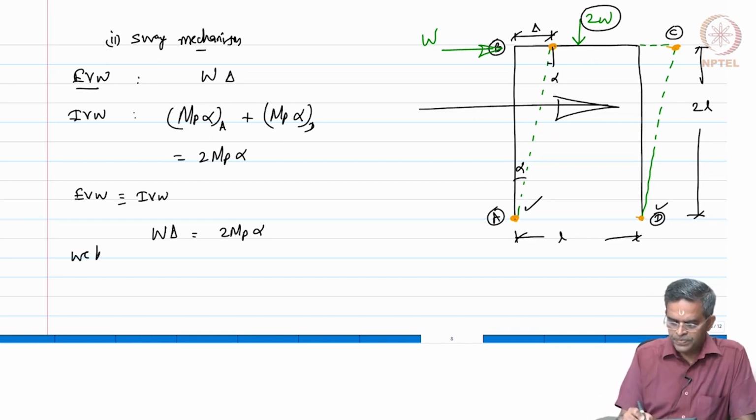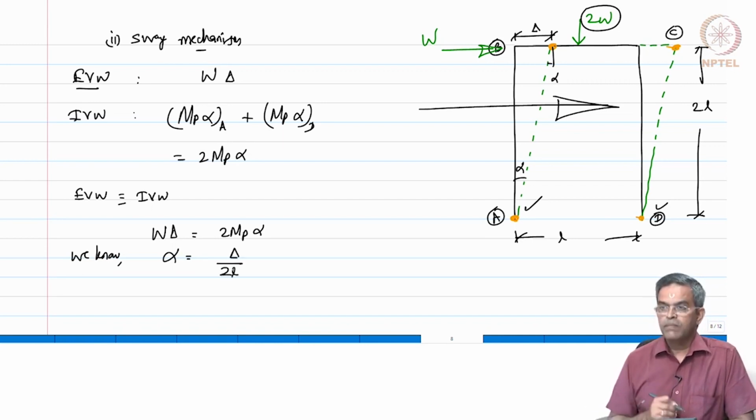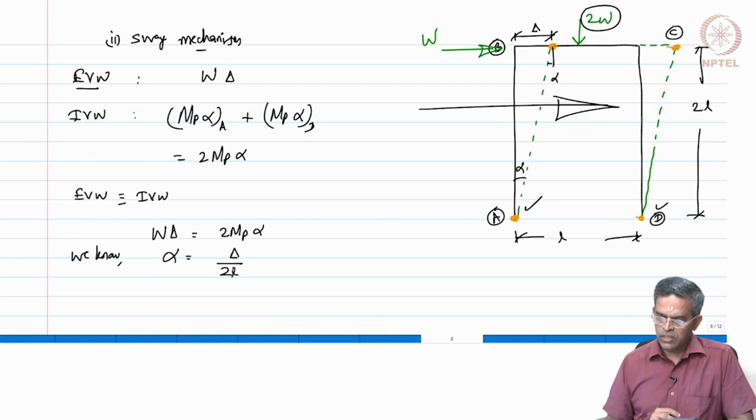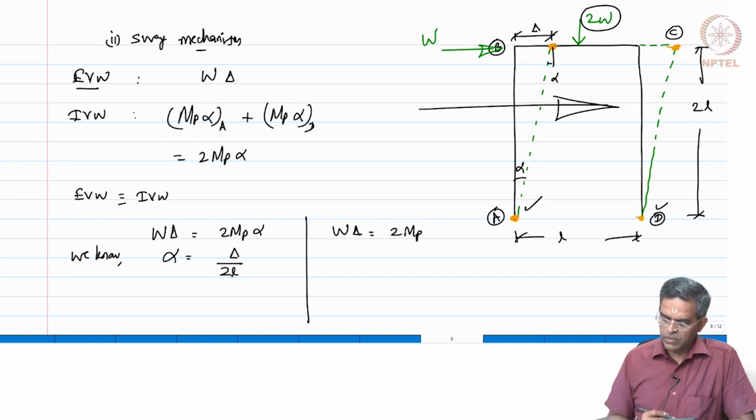We can write down the relationship from the figure. We know alpha for small angles is delta by 2L. So, substituting this in the above equation, we get W into delta is 2 Mp times delta by 2L.